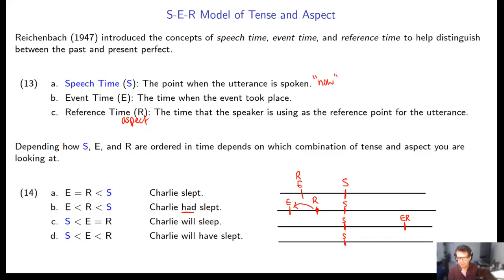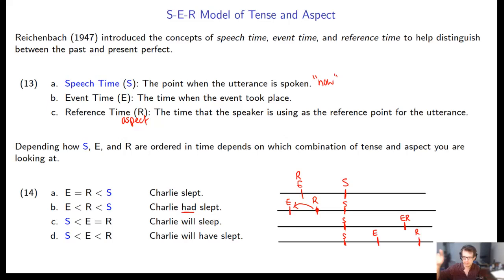Now, if we say Charlie will have slept, here's the event E, and we're picking a reference time further ahead of it. So we're thinking at some point way in the future, like a day from now, tomorrow afternoon.